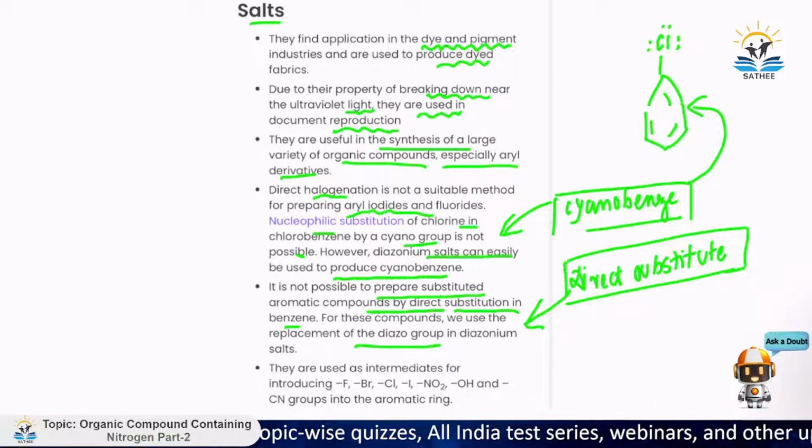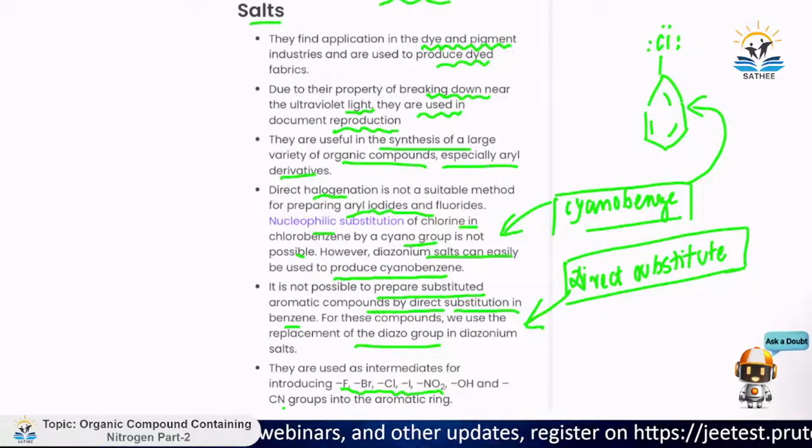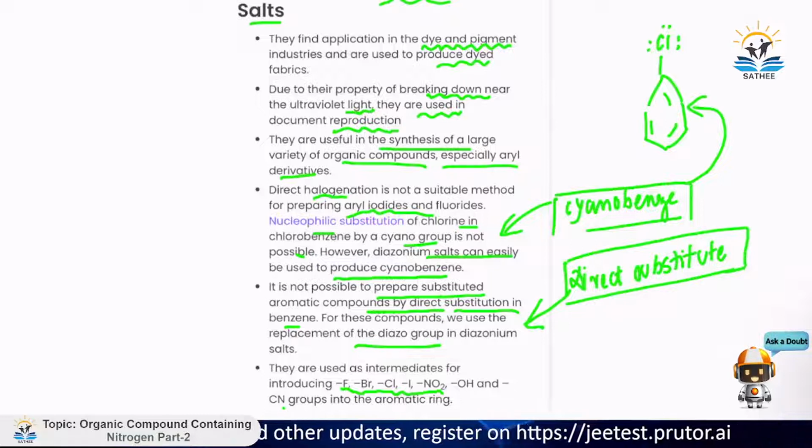They are used as intermediates for introducing F, Br, Cl, I, NO2, OH, and CN groups into the aromatic ring. To substitute a benzene with any substituent is not easy for us, and in that case we will be using diazonium salts as an alternative method.